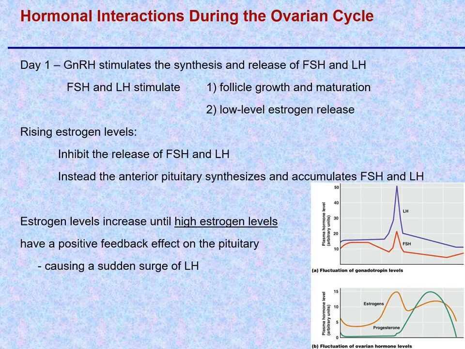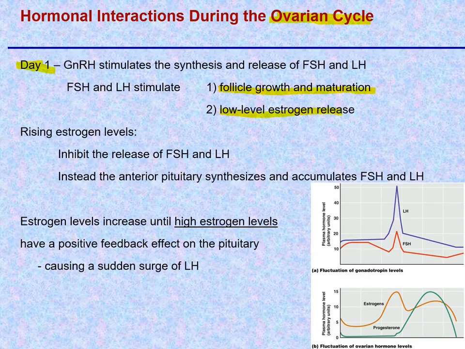As I said, these are the events in the ovarian cycle. This is day 1 of the 28-day ovarian cycle. What you get is gonadotropin releasing hormone from the hypothalamus stimulates release of FSH and LH, and these will stimulate follicle growth and maturation and low levels of estrogen release.